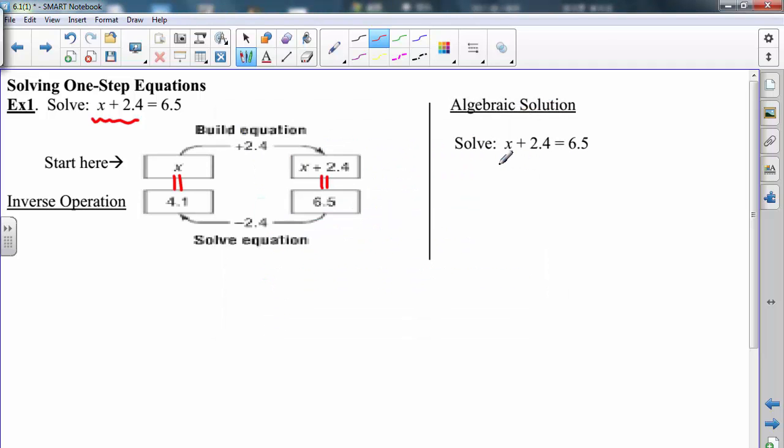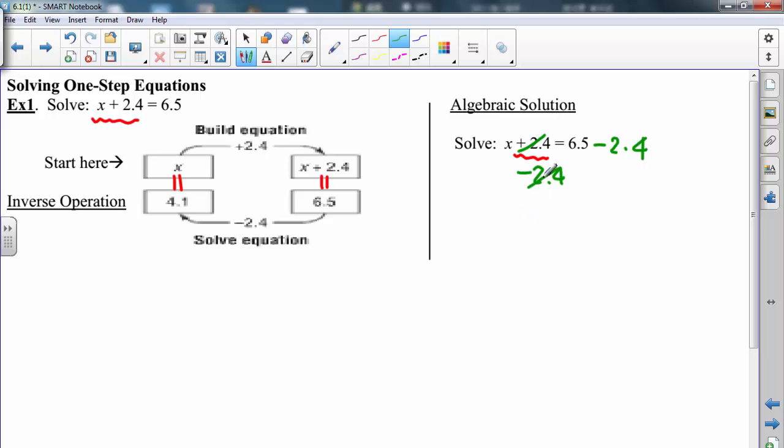So let's look at solving x plus 2.4 equals 6.5. Here it's adding. When I solve for x, I need to take the inverse operation, just like what we explained in the inverse operations. Plus 2.4 minus 2.4, they become a zero pair.